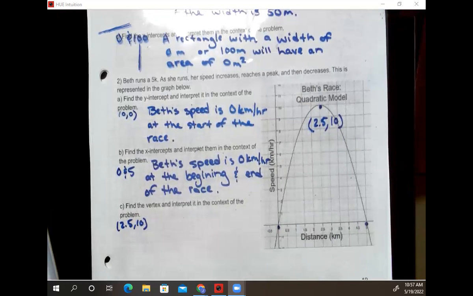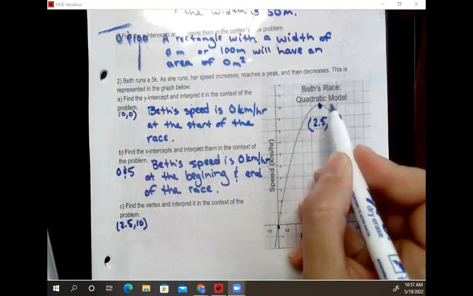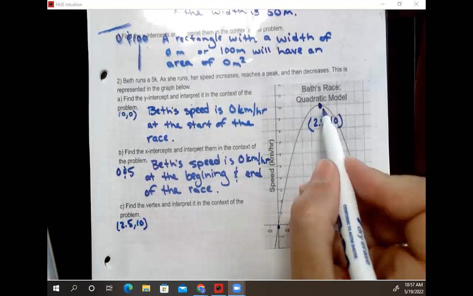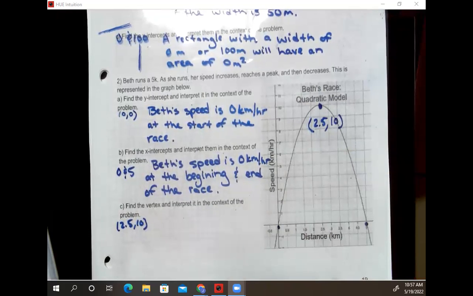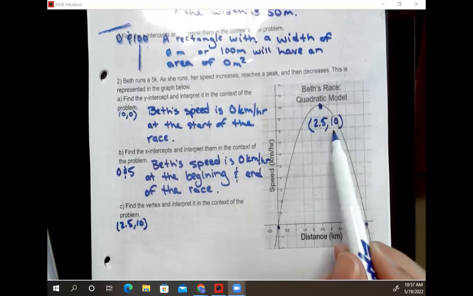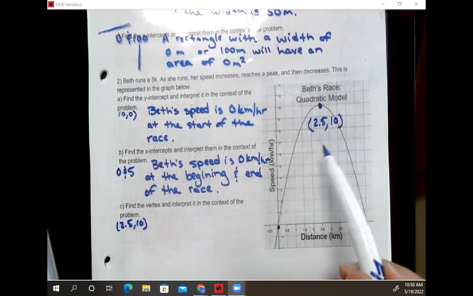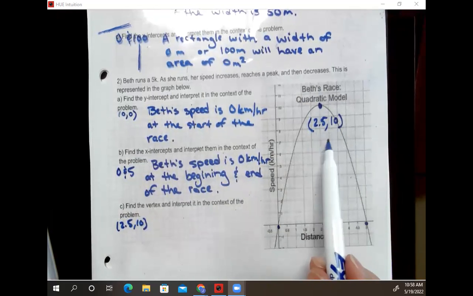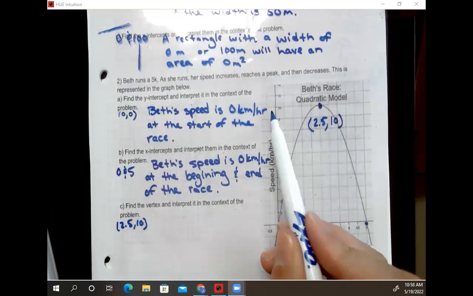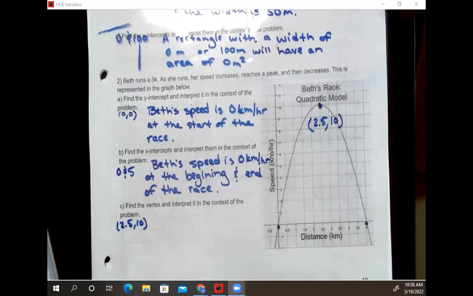Since this is the vertex, we talked about this with our last problem, and the vertex is the maximum on our graph. That also means that this is our maximum speed. It's not our maximum distance. It is our maximum speed, right? It's our greatest y value. So when I interpret this point, I want to make sure I include that this is as fast as she ever goes.